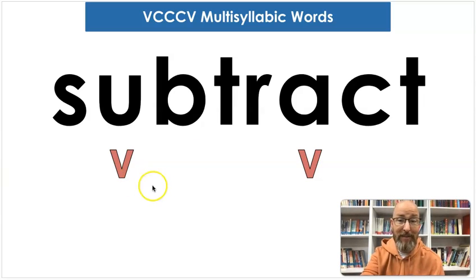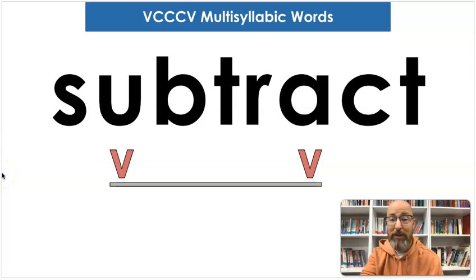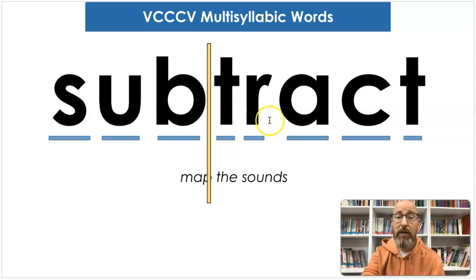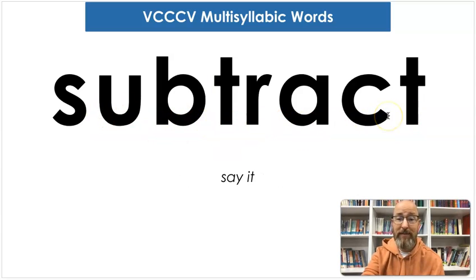I see another TR blend there. Draw your bridge. Label your consonants. And again, we'll try it here and we'll see how it works. Subtract. Sounds right to me. Subtract. Say it with me, I hope.